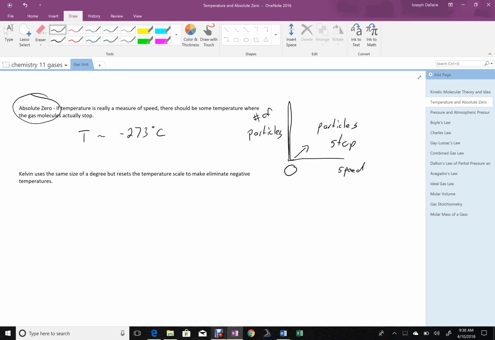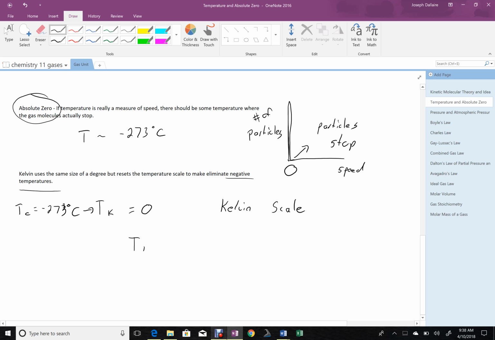Kelvin said, well, if there's a minimum, why don't we make that temperature into zero, and then we won't have any negative temperatures at all. So he said, let's take our temperature of minus 273 degrees Celsius, and let's reset it in the Kelvin scale as 0 degrees, and then every temperature we have will be a positive number above that.